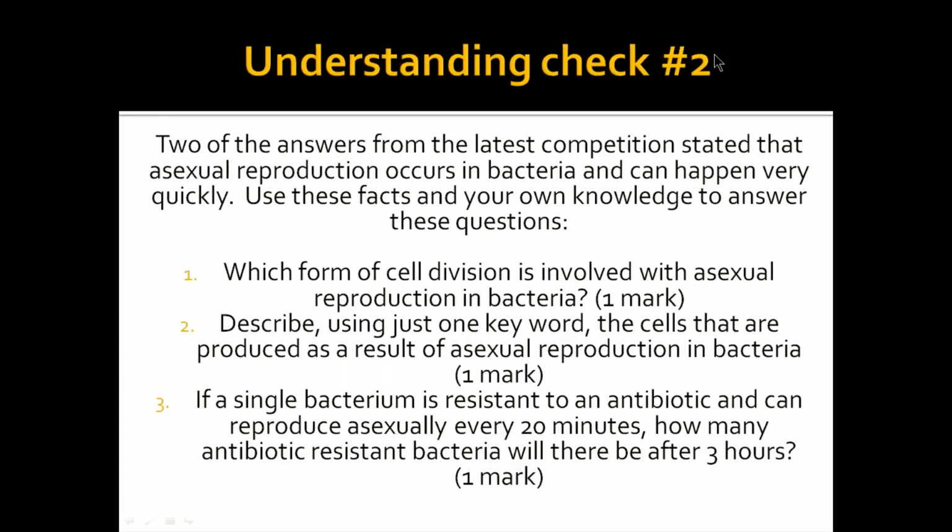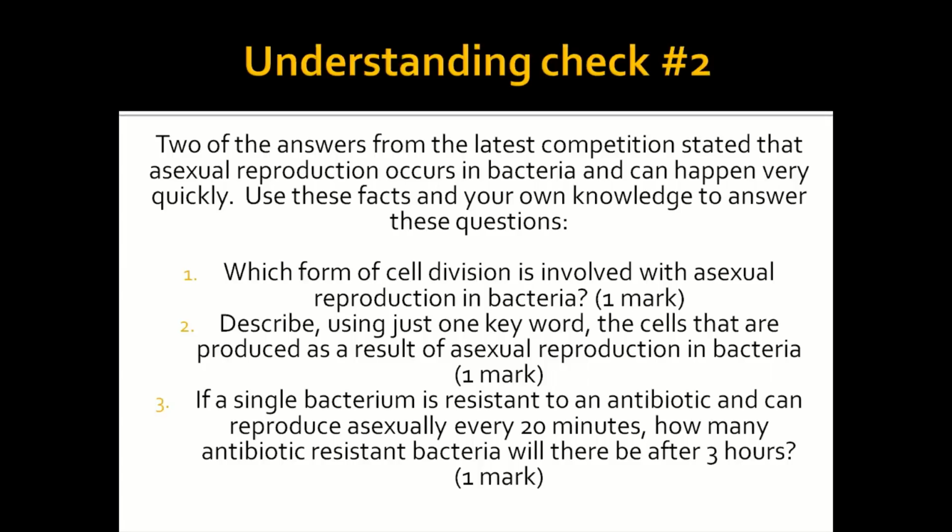Two of the answers from the latest competition stated that asexual reproduction occurs in bacteria and can happen very quickly. Use these facts and your own knowledge to answer these questions. Which form of cell division is involved with asexual reproduction in bacteria?